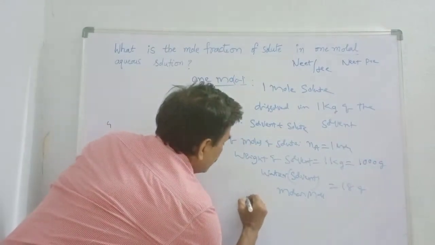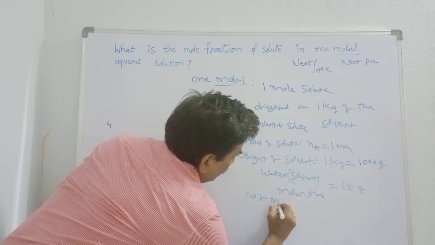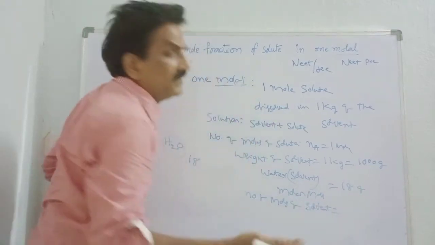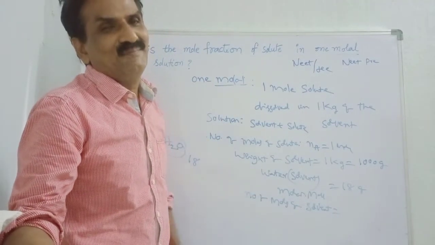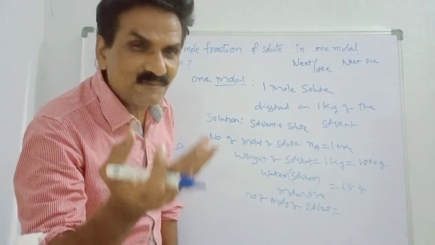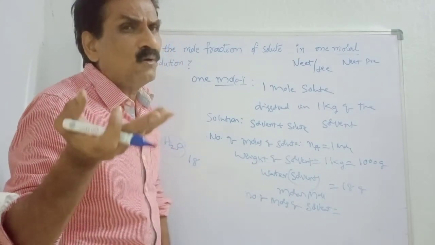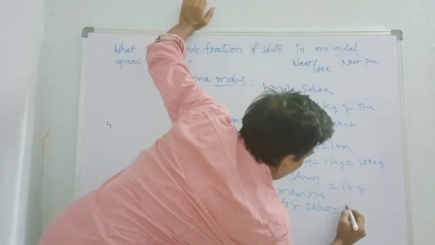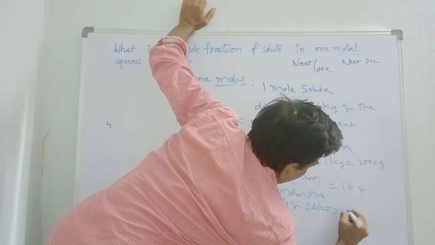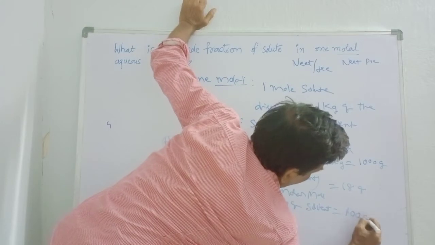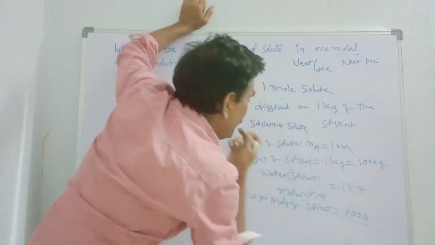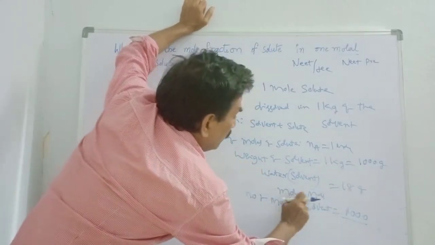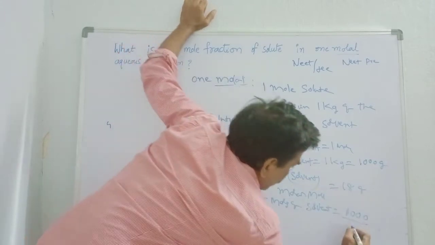You see, number of moles of solvent. What is the formula of the moles? Weight of the substance by gram molecular weight or molar mass, you can say. Weight of the solvent, how much? 1000 by gram molecular weight. Water solvent molar mass 18 grams.